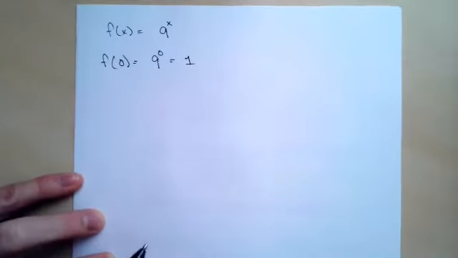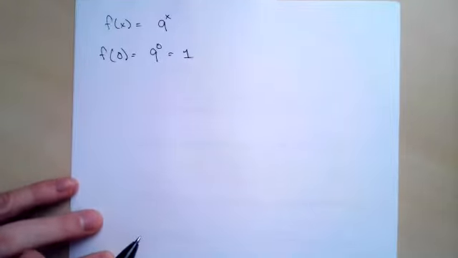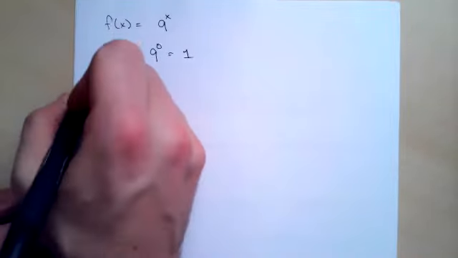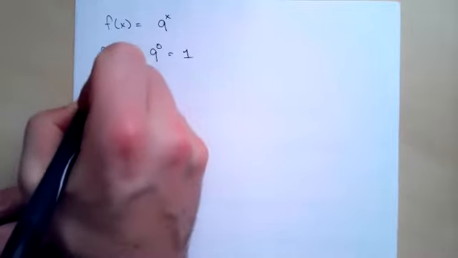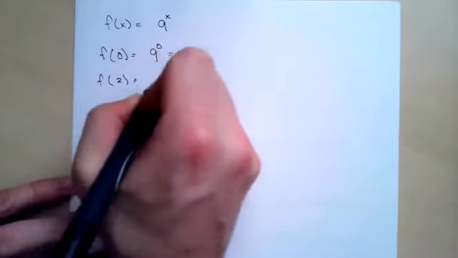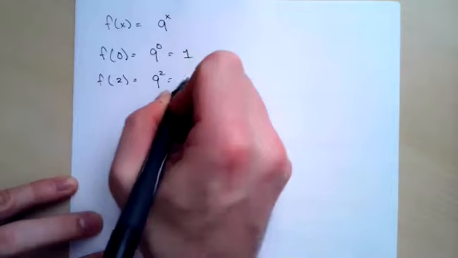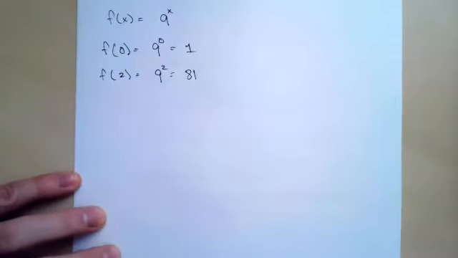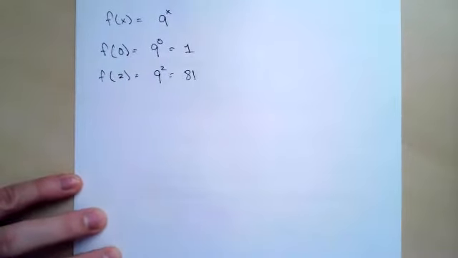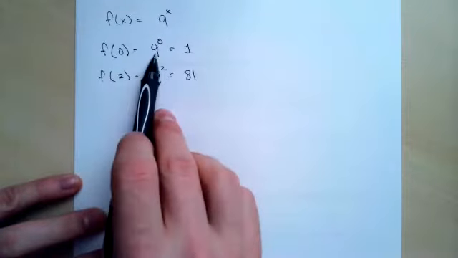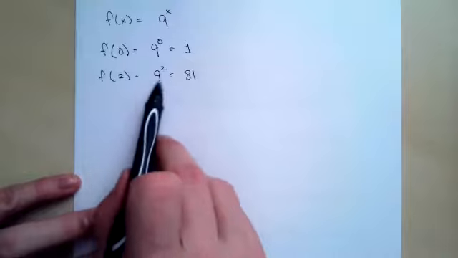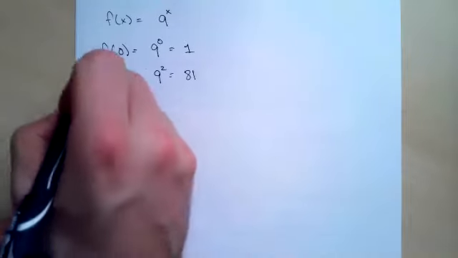So y-intercept, always 1. Let's compute some things. I can check f of 2. Well, that's just 9 squared. It's 81. So as we can see, these numbers get really big really fast when my base is bigger than 1. Even at 2, we're all the way up at 81.